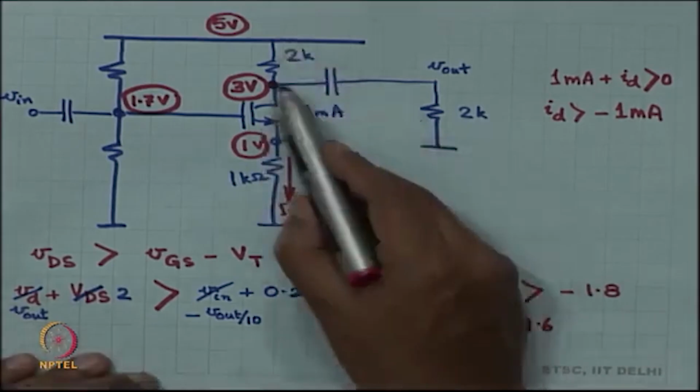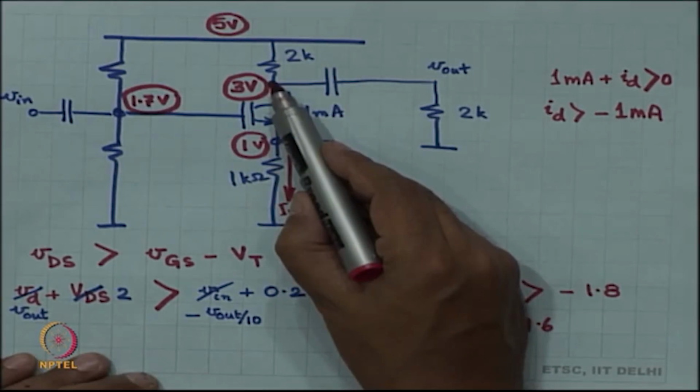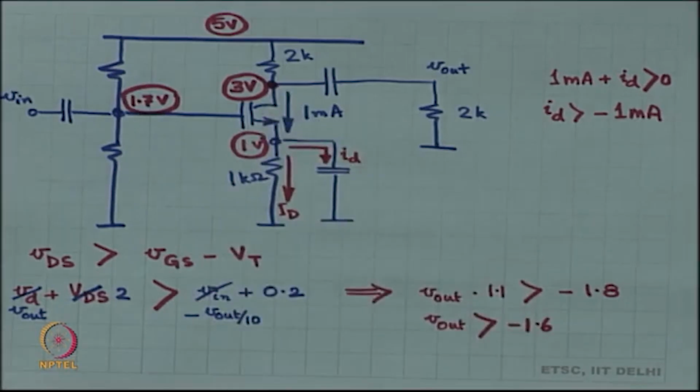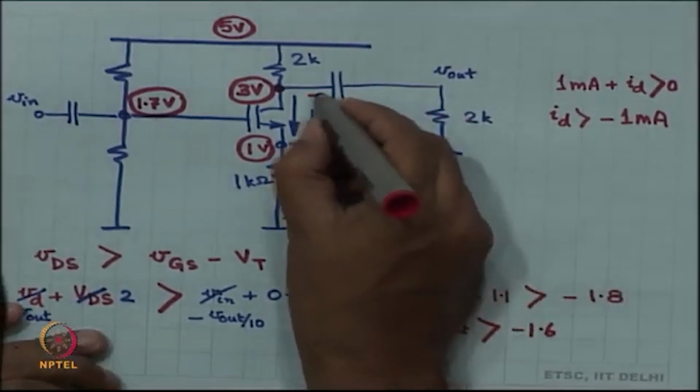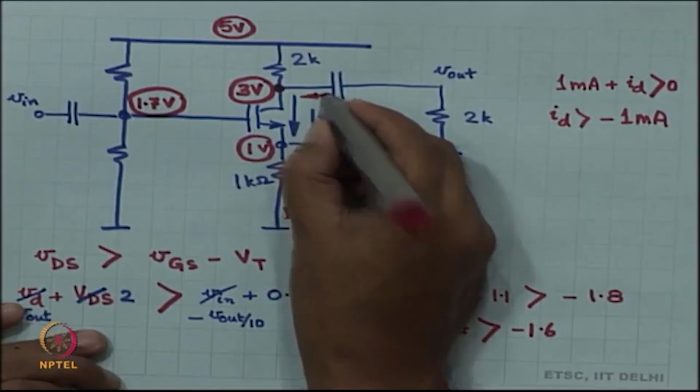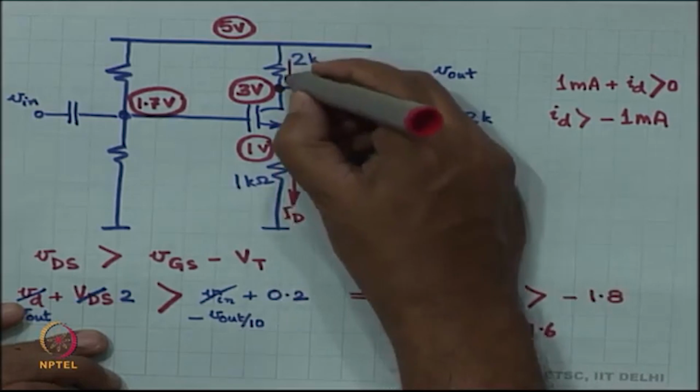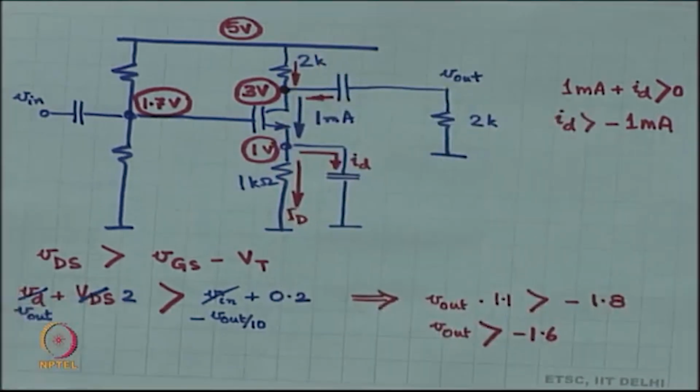And small id creates a voltage drop over here by how much? So, a portion of small id comes this way, a portion of small id comes that way.